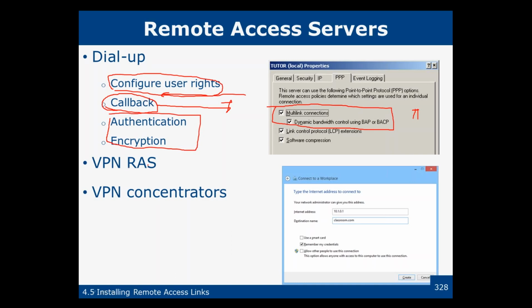VPN remote access server, in a Windows environment, is really not a very difficult configuration.